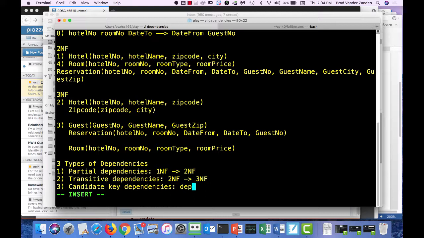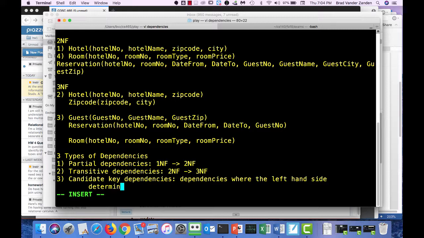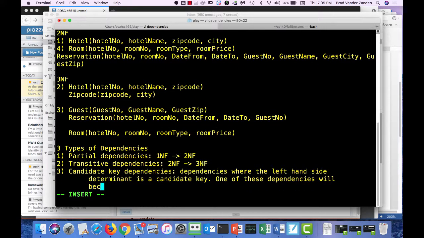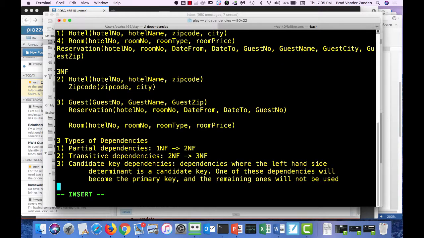And these are dependencies where the left-hand side determinant is a candidate key. And one of these dependencies will become the primary key, and the remaining ones will not be used in the normalization process.